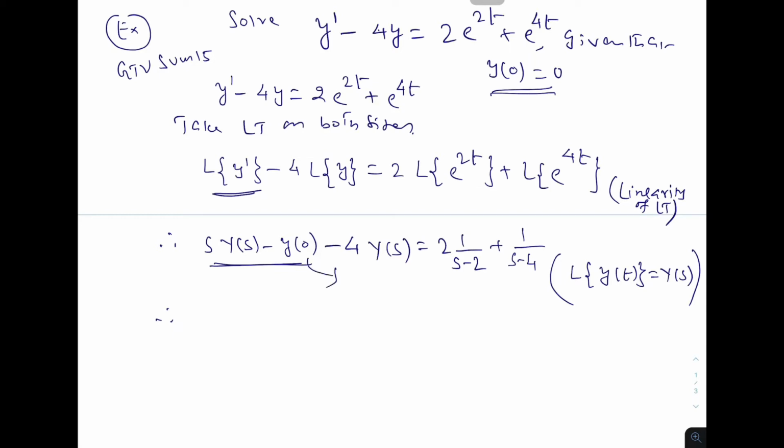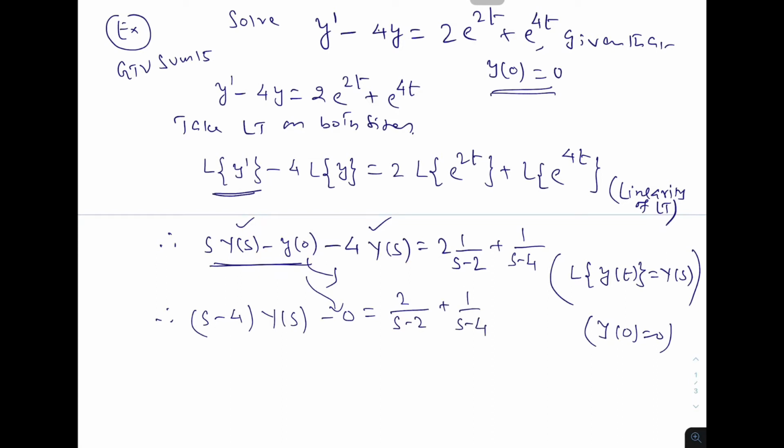So here we can put y at 0 equal to 0, and these two we take together. So that is nothing but s minus 4 Y(s), this is 0 since y at 0 is 0 as given, equal to 2 upon s minus 2 plus 1 over s minus 4.